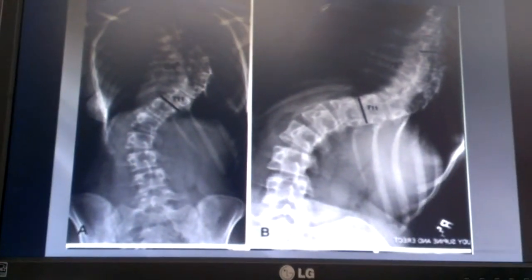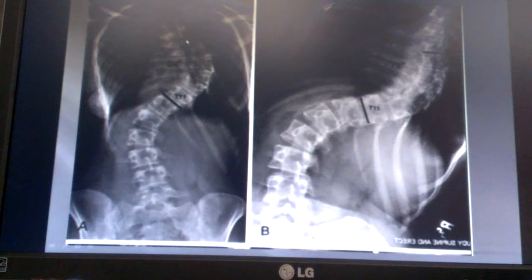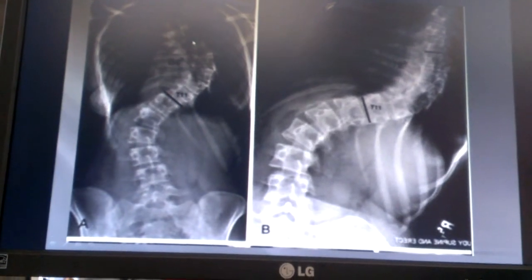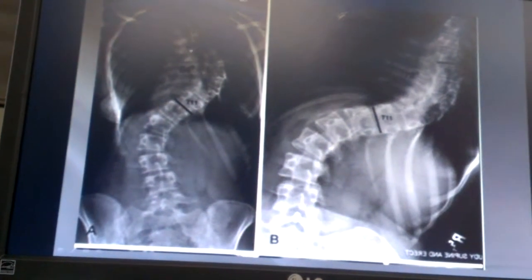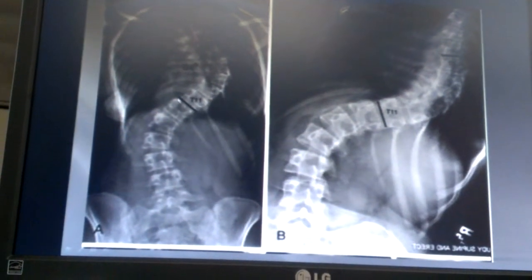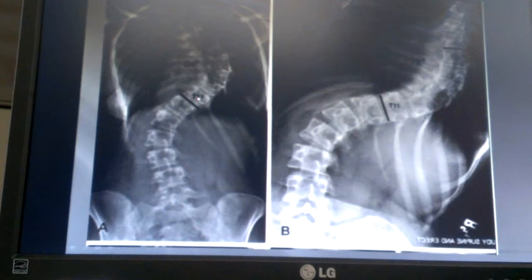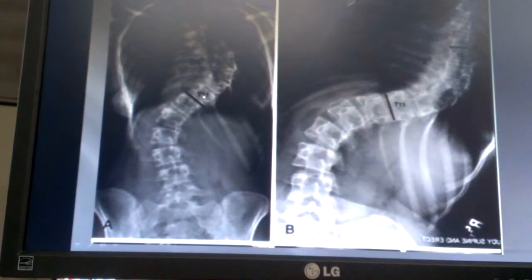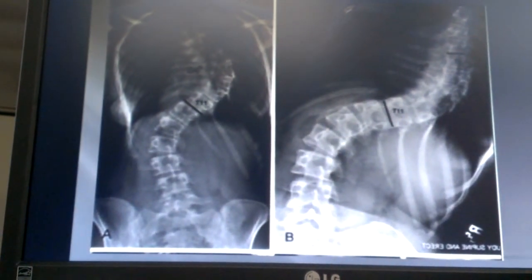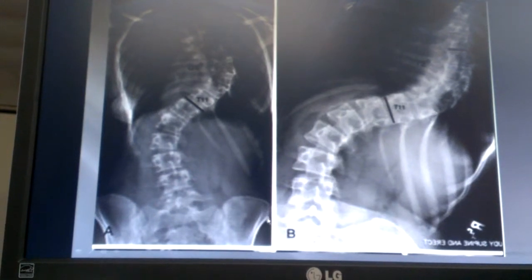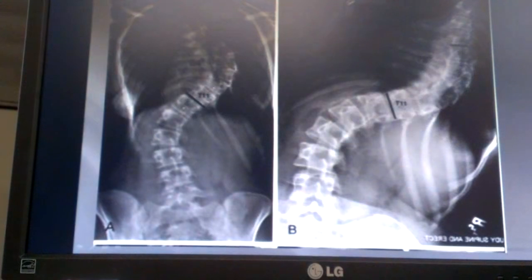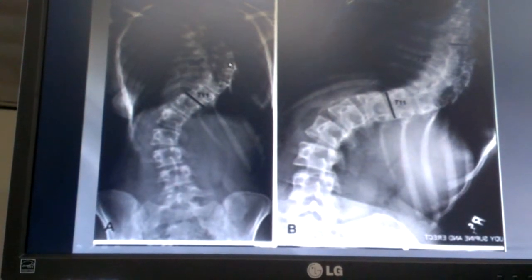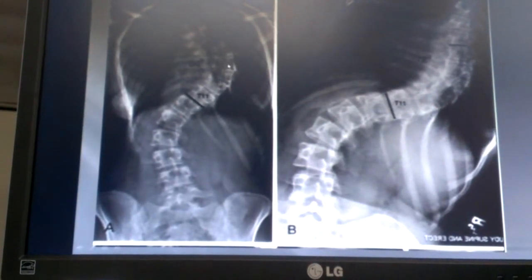You always pick the vertebra at the top of the curve that's going to give you the greatest measure, and you draw a line along its superior end plate. Then the inferiormost vertebra that is going to give you the greatest curve, draw a line along its inferior, not superior, inferior end plate. And then you drop your perpendiculars, and it's going to be a small angle that you measure, just like it was for lordosis.